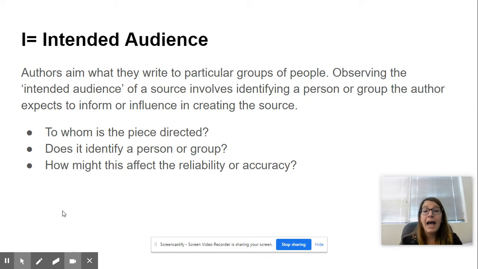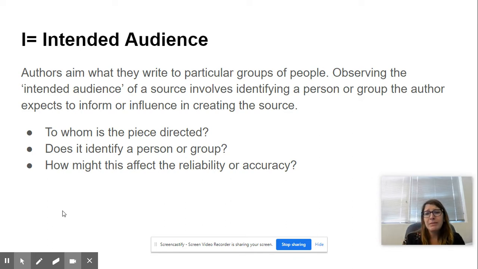All right. The next I in HIPP is intended audience. Who are they writing the document to? It could be any kind of document. Obviously when we did the Christopher Columbus one, the intended audience was the easiest, right? It was the King and Queen of Spain. And we talked about when you did your gold or glory or why thing.